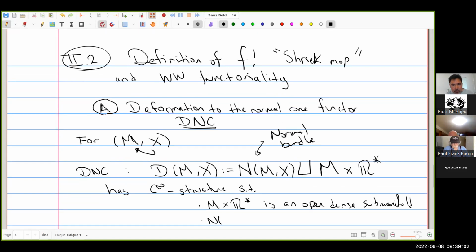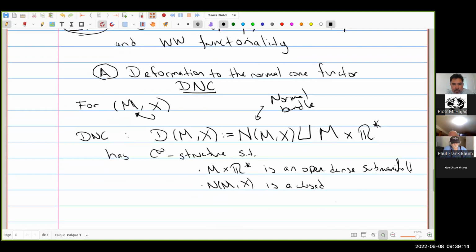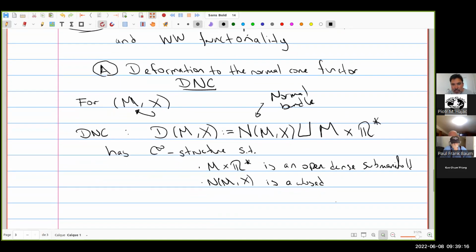The part of the normal bundle is of course closed, because it's the complement. What I mean here is with its classic topology: the normal bundle is a vector bundle over X, so it has a topology and also a manifold structure. What I'm saying is that, seen in this deformation to the normal cone, it's closed.